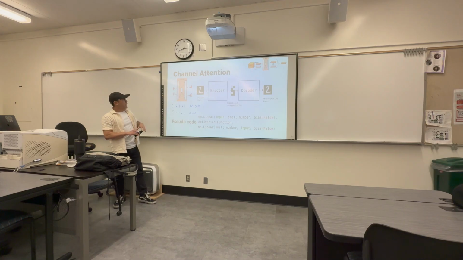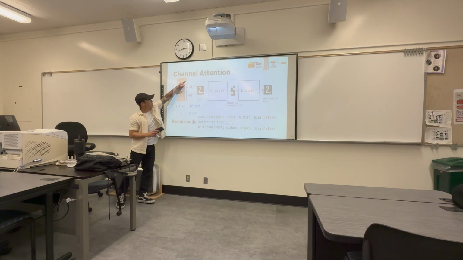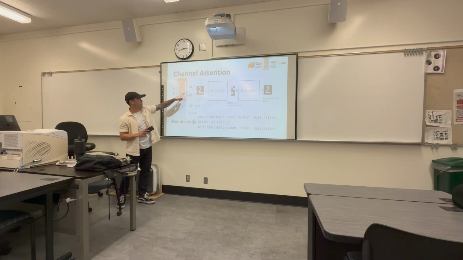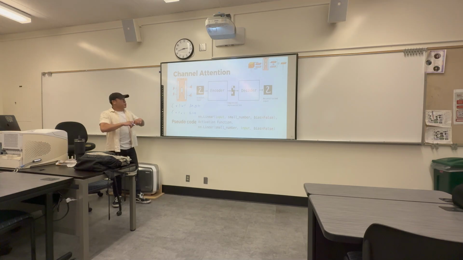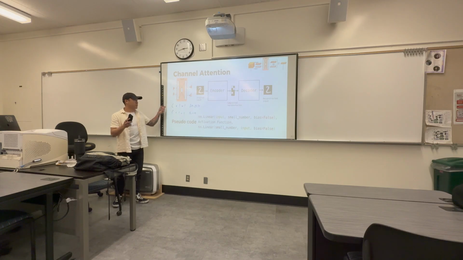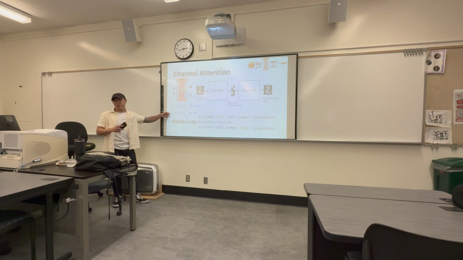Yeah. And so what comes out of it, like I mentioned, is going to be a vector of the exact same shape, hence this white is the same size as these white vectors. And it's going to tell us what's the most important channel between our max and our average vector.